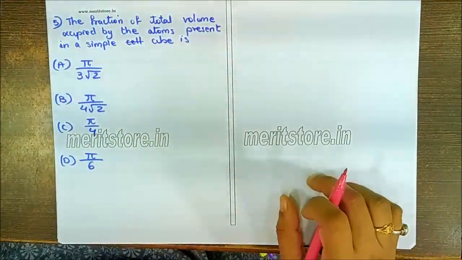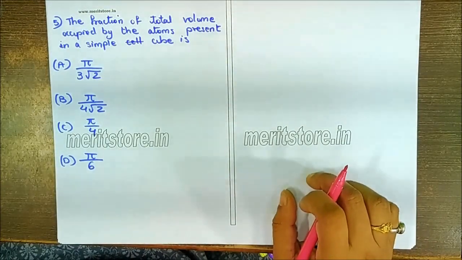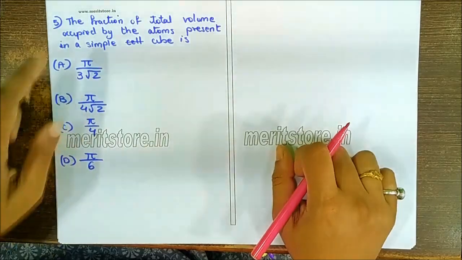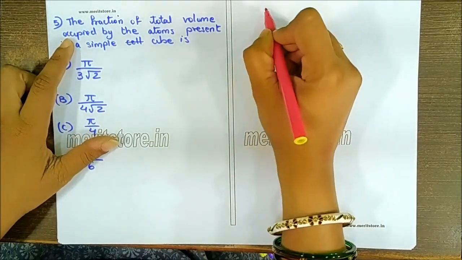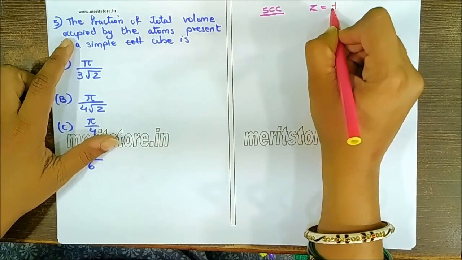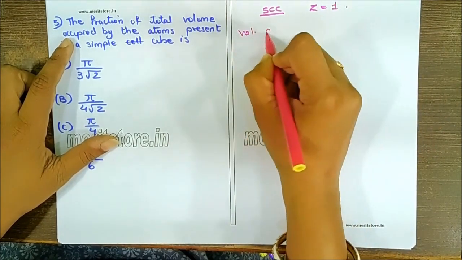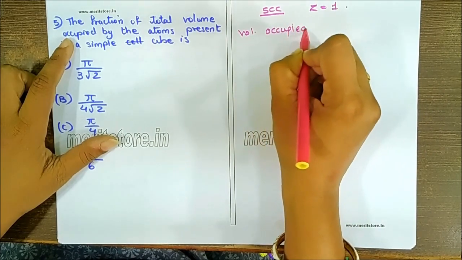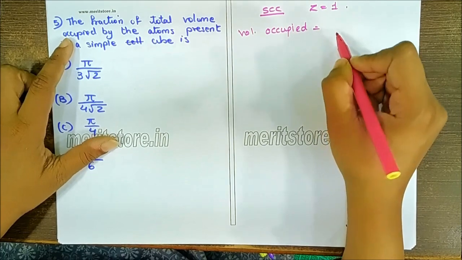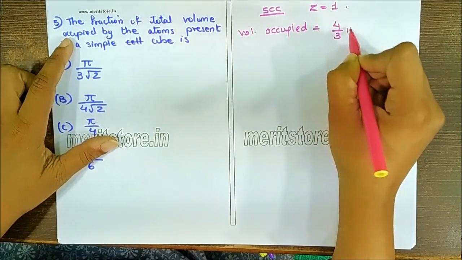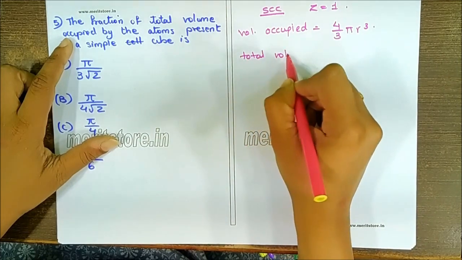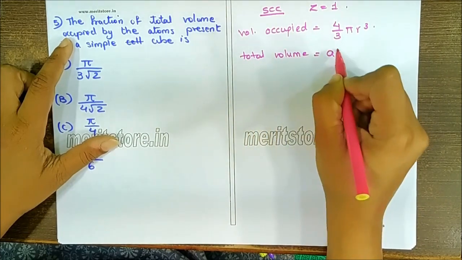Question number 5 is, the fraction of the total volume occupied by the atoms present in a simple cube is. Now in case of SCC, the number of atoms per unit cell is equal to 1. And therefore the volume occupied, considering that the shape of the atom is a sphere and r is the radius, is 4 by 3 pi r cube. The total volume for this SCC is a cube.